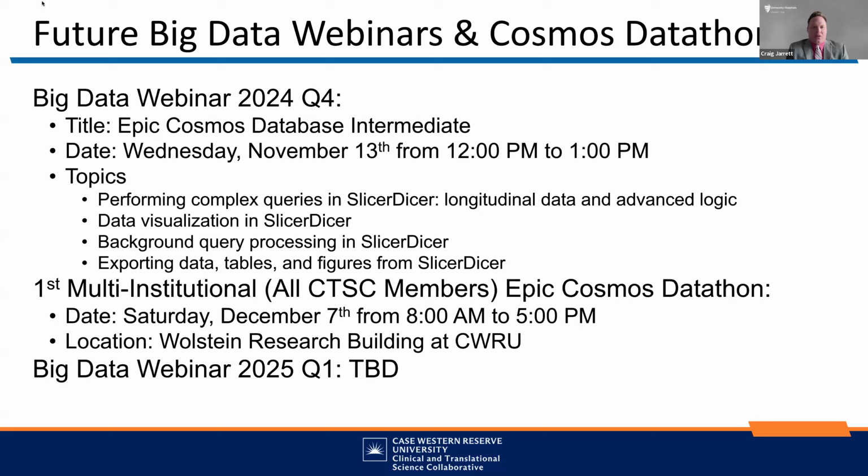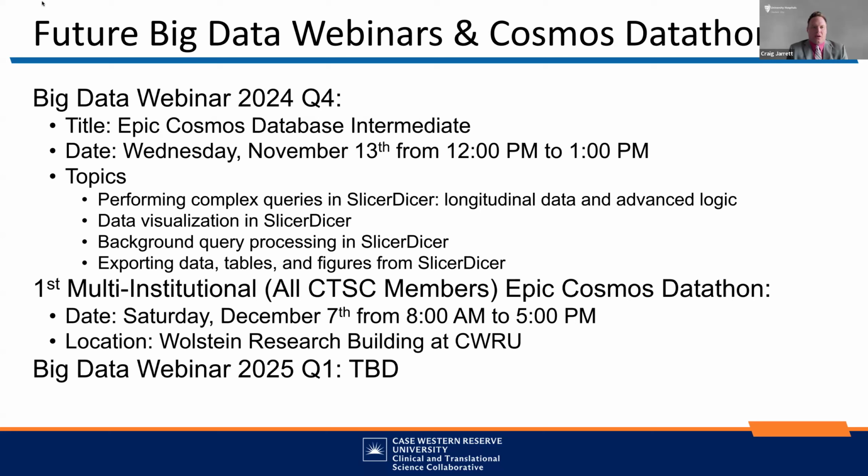We then plan to, in December, have the first multi-institutional Epic Cosmos Datathon, and this is going to be open to all CTSC members, and we'll discuss how to get access and how to sign up for that also. That's planned for December 7th. It's an all-day event at the Wolstein Research Building on Case's campus.